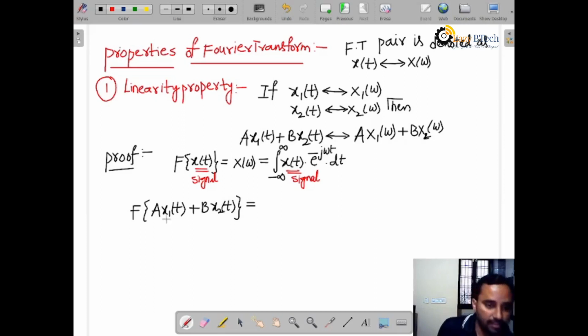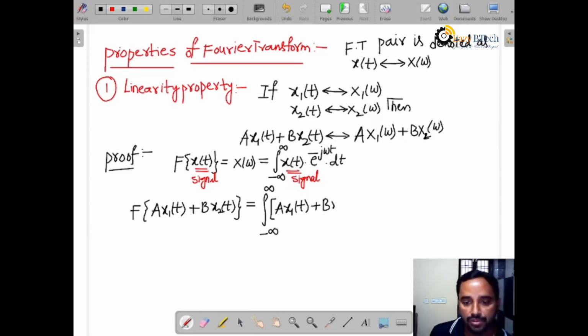Whatever the signal, that will be in the place of x of t. Here the signal is a x1 plus b x2. So take that total: the integral from minus infinity to plus infinity of a x1 of t plus b x2 of t, into e to the power minus j omega t dt.